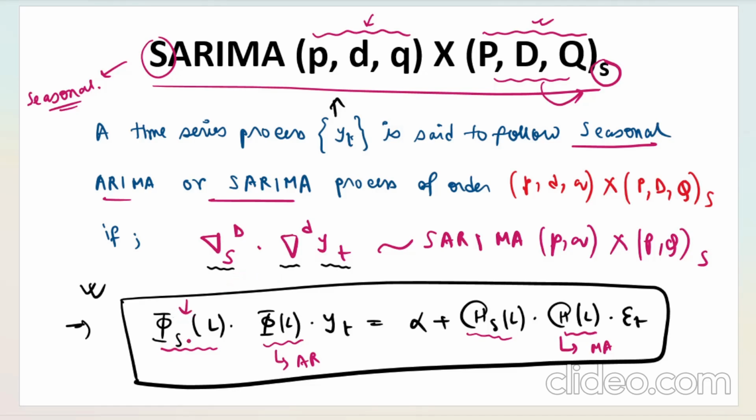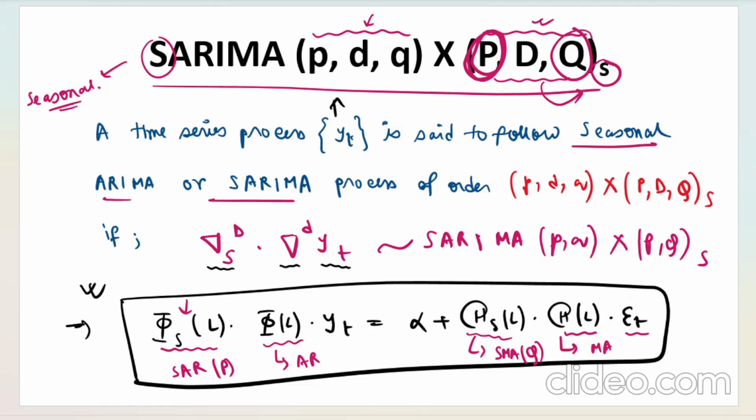This is the characteristic polynomial of seasonal AR part. Since this is associated with capital P, this is seasonal AR, and here you have seasonal MA, the degree is capital Q.